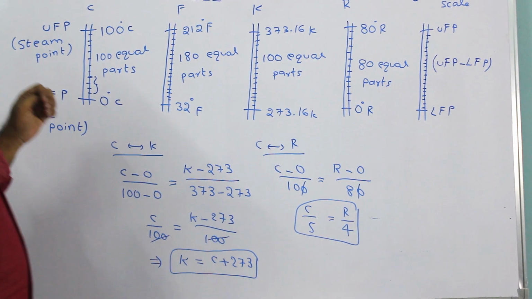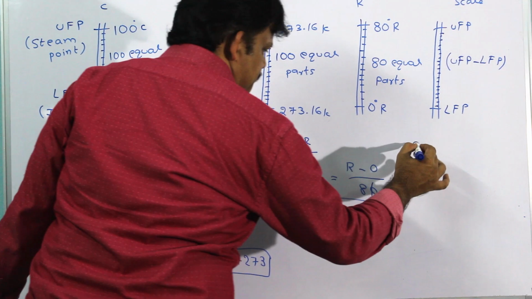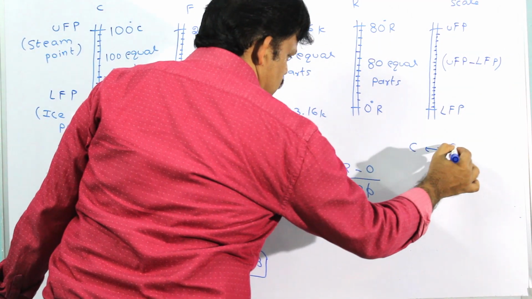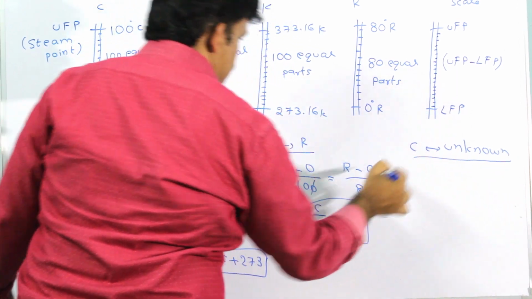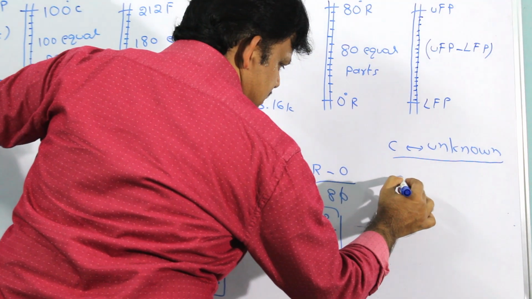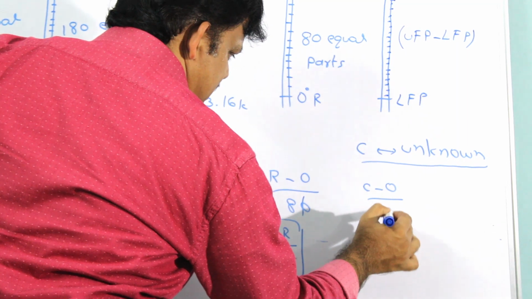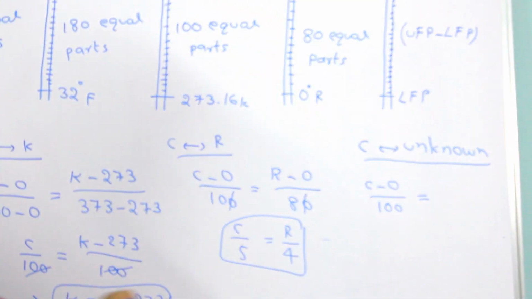Suppose Celsius to some unknown scale. Same concept. Celsius scale reading C minus lower fixed point by gap, upper fixed point minus lower fixed point, is 100.